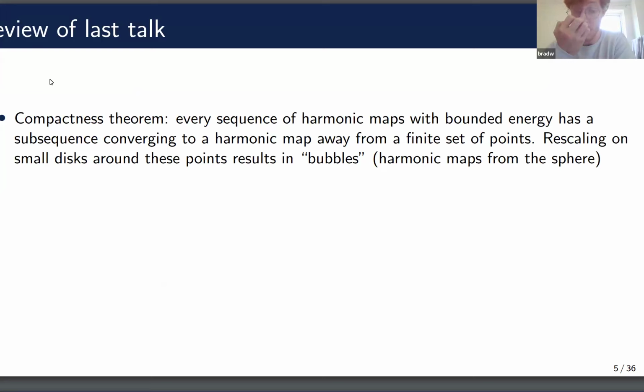They also quantified what happens around these points. If you rescale on small disks, the rescaled maps converge to bubbles. These are harmonic maps from the sphere. So this was what we were trying to prove.